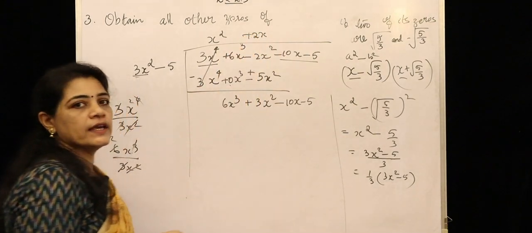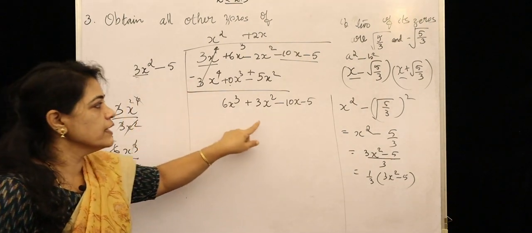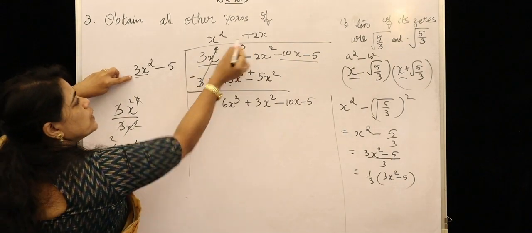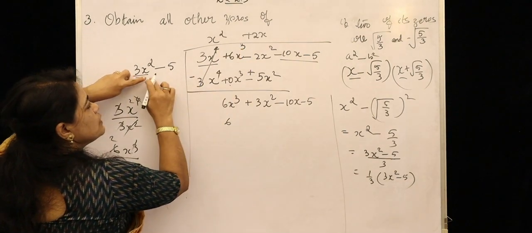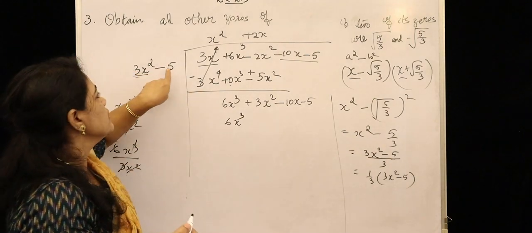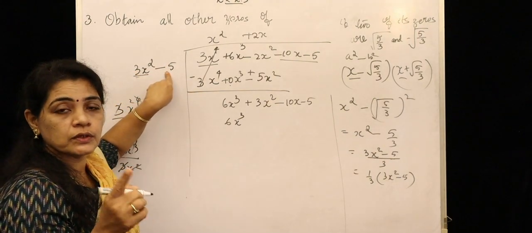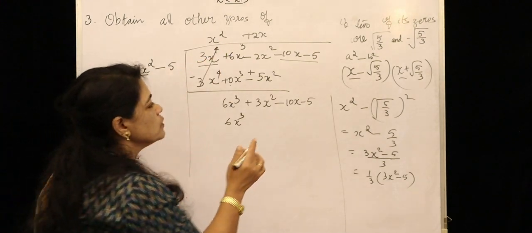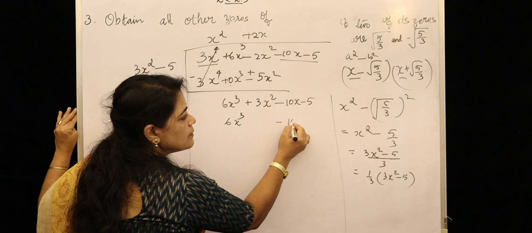With this plus 2x we have to multiply in order to get the terms under this polynomial. So 2 into 3 is 6, x into x square is x cube. Now comes minus 5 and 2, that is minus 10, and minus 10x should be written below this x term.